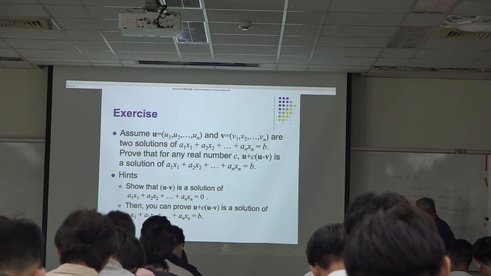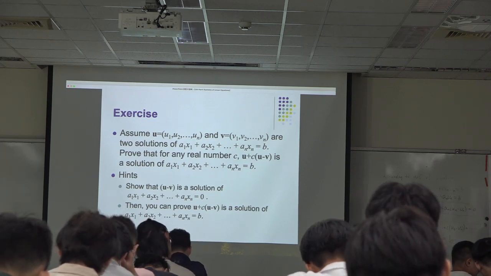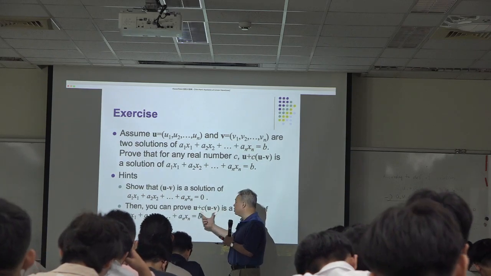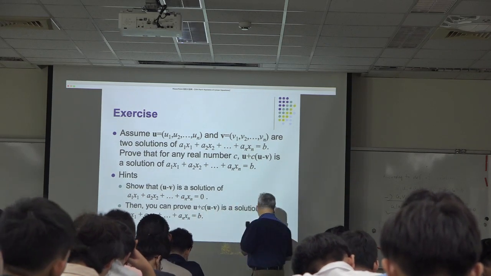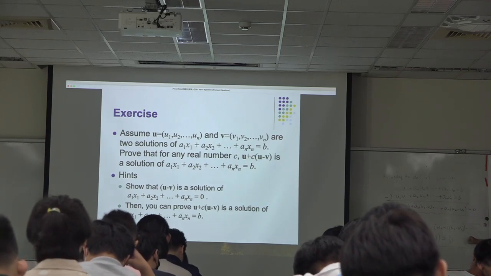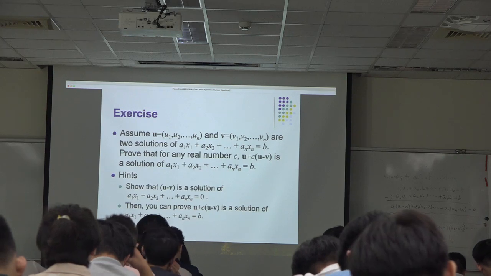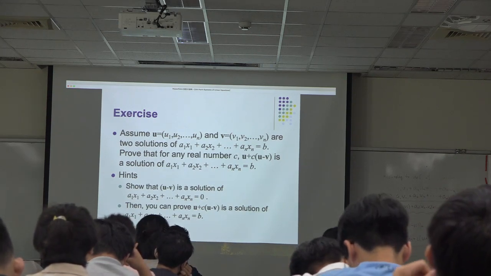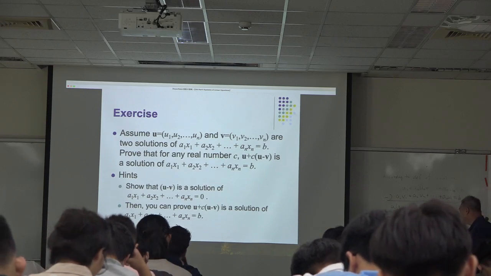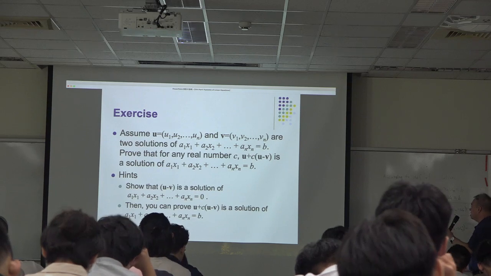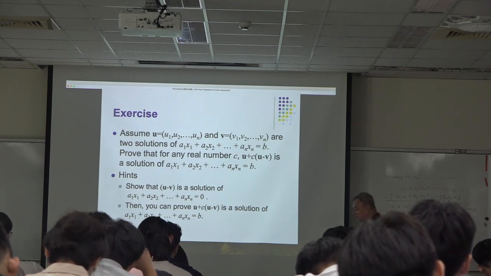This is what we want to show, because when I say this is a solution of this equation, it basically means we need to show this is true. So far so good, right? So let's try to expand this.